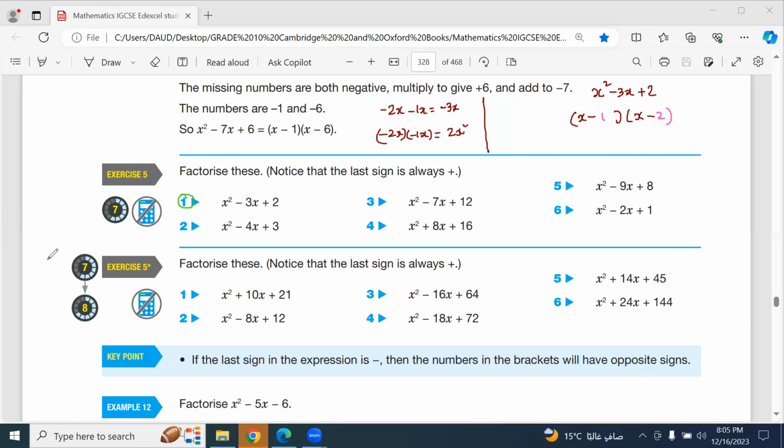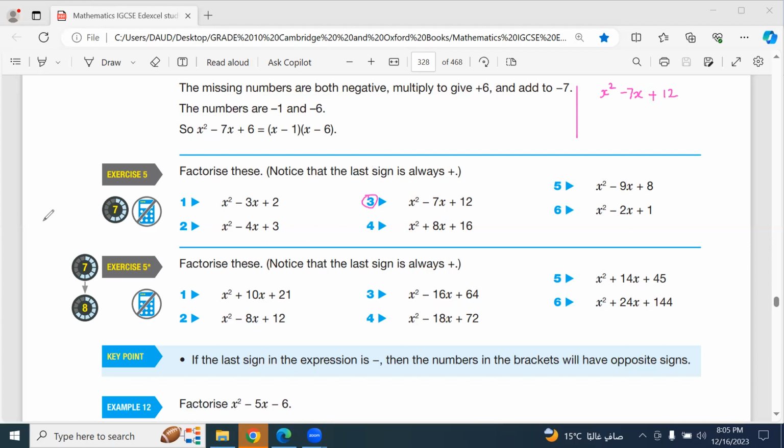We can try the same concept in one more question. So let's have a look at one more. If I clear this one and try question number 3, which is x squared negative 7x and positive 12.